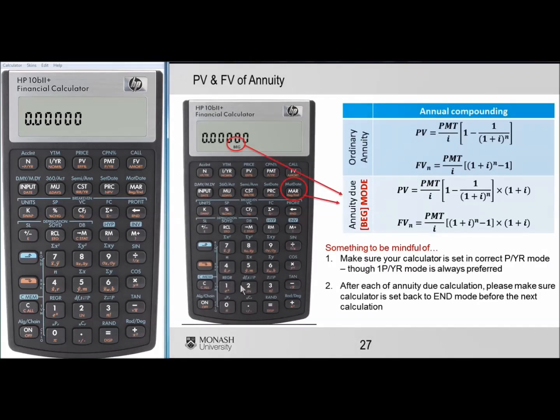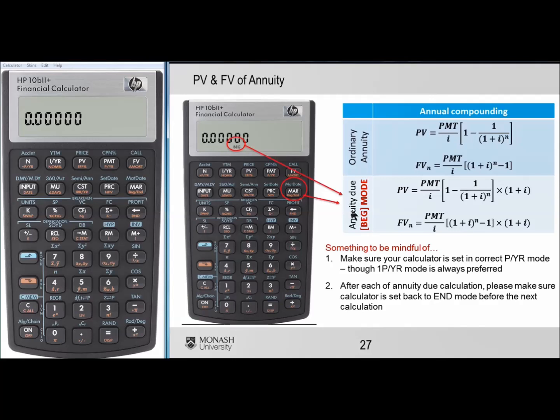With the different types of annuities, we need to make sure that the calculator is set correctly. If it is an annuity due, payments are made at the beginning of the period, so we need to set the calculator into the beginning mode, BEG mode. It is located as a secondary function under the MAR button right here. By default, the calculator is in the end mode, which is for ordinary annuity.